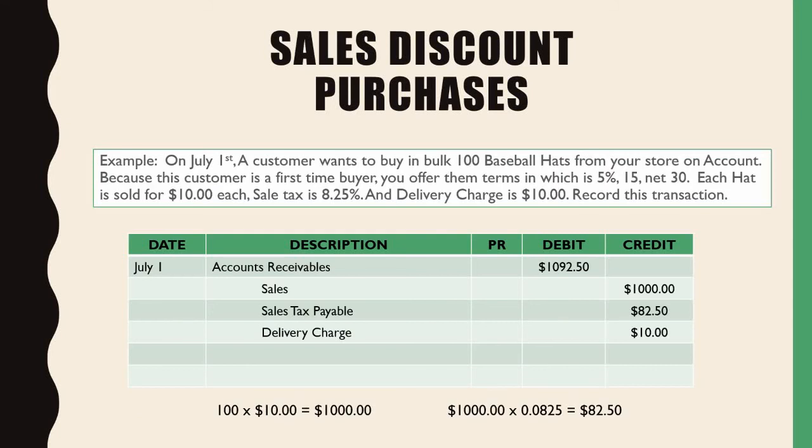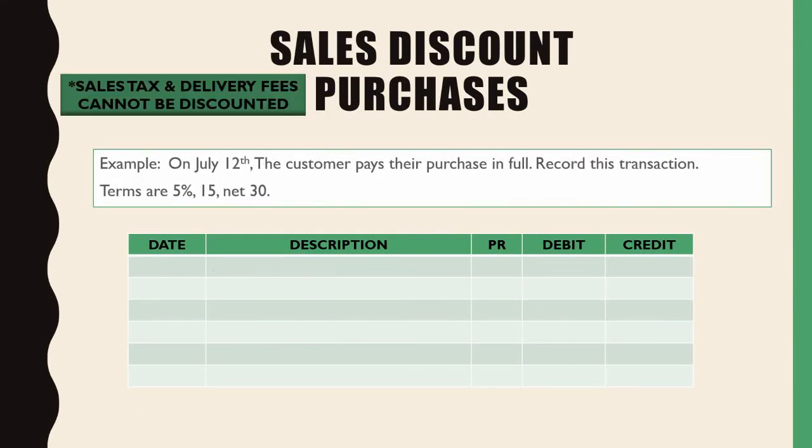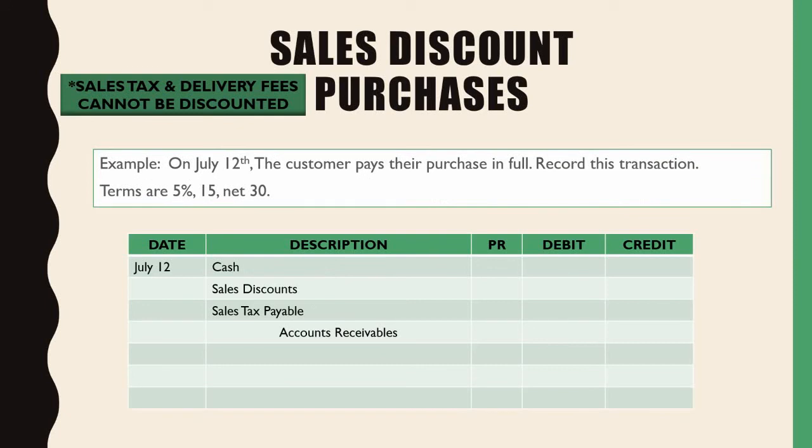Now, of course, when we recognize the discount, it's going to be $50, right? Because we take the $1,000 times 5% to get $50. Now, how much tax should we actually give back if we're returning, or in this case, discounting $50?